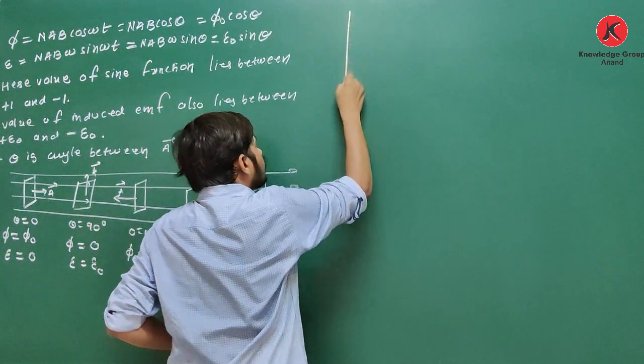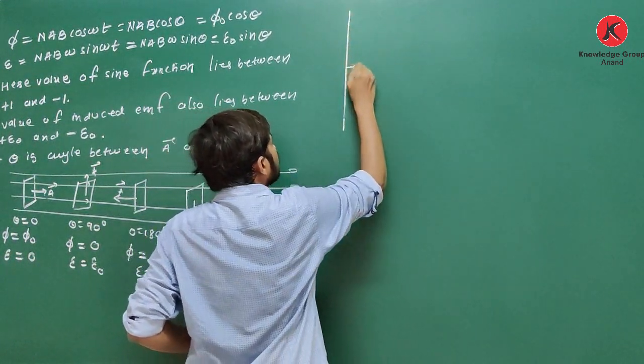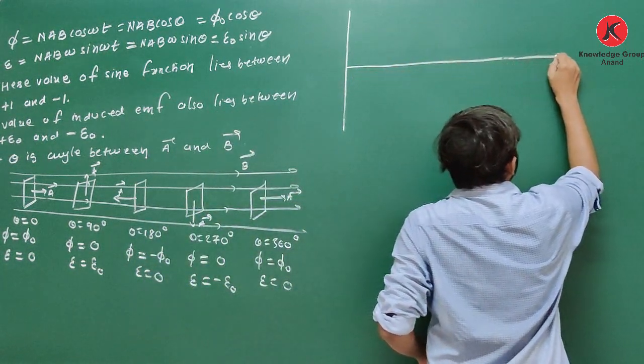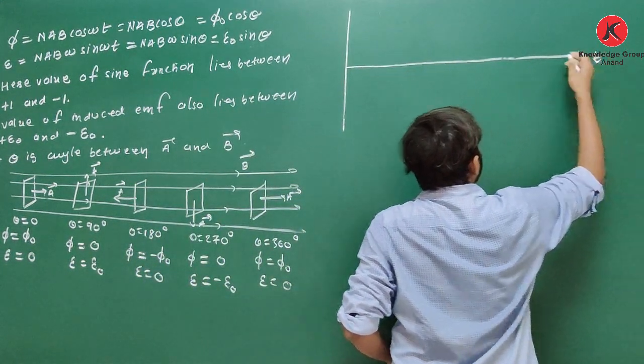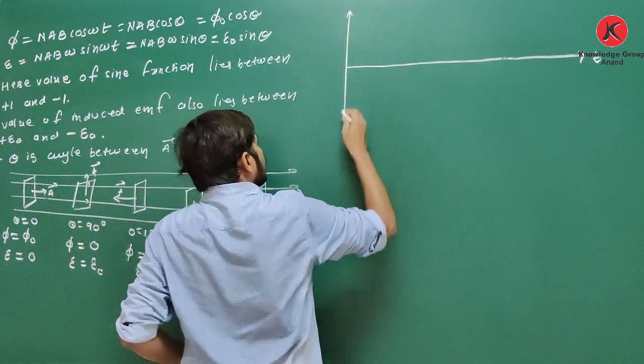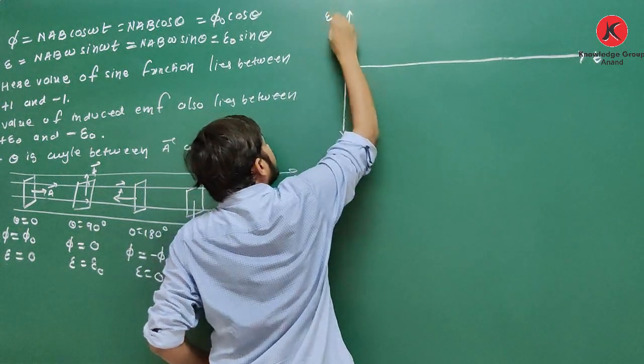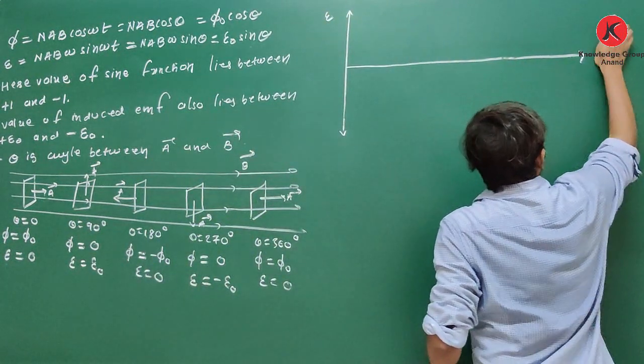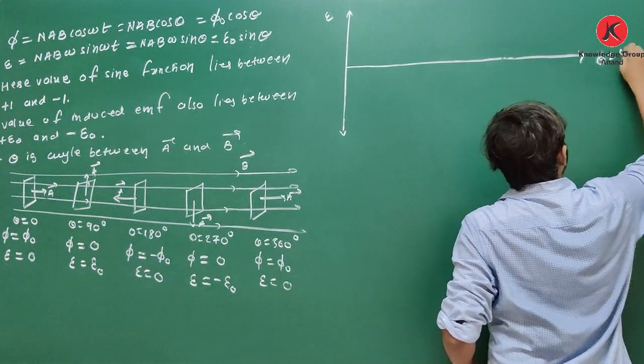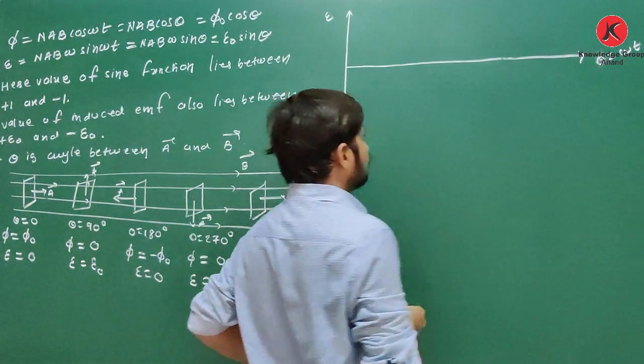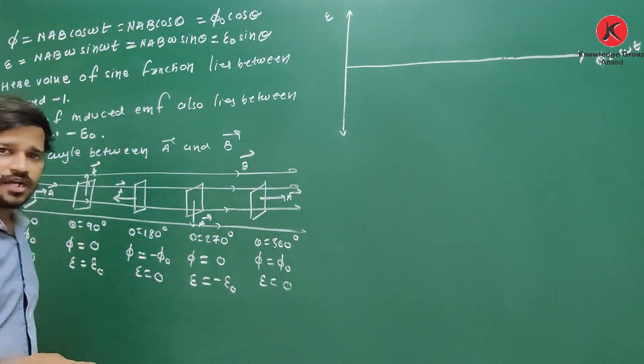Now I will draw the graph of induced EMF versus time, or you can say theta. Here it is E and here it is theta, where theta is equal to omega t.